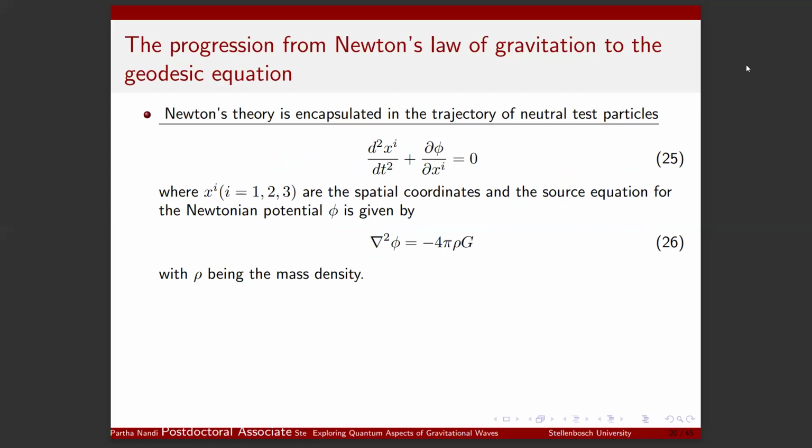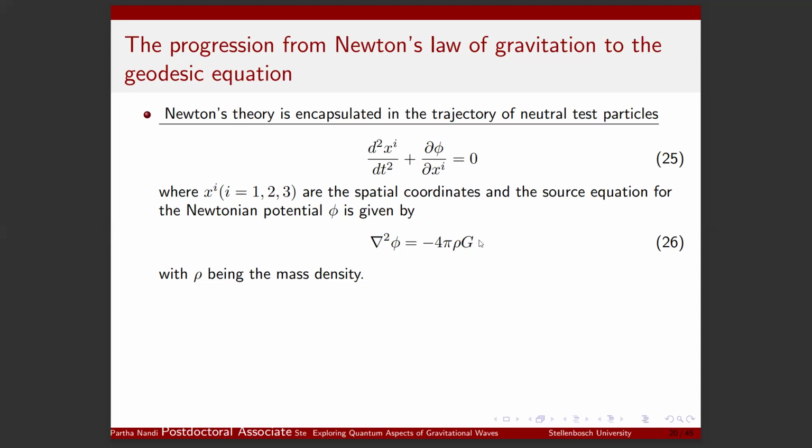We know that Newtonian gravitation theory is described through Newton's equation of motion, which gives rise to the trajectory of a neutral particle in the presence of the gravitational interaction. And this phi is the gravitational potential, a scalar potential, which is defined through this equation.